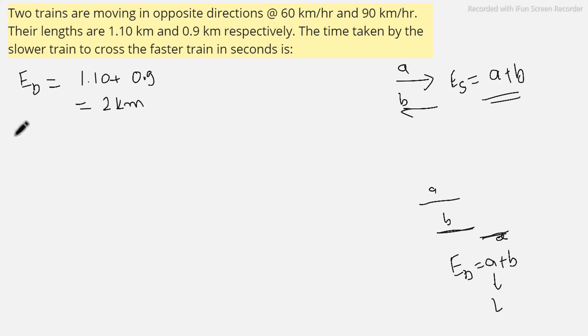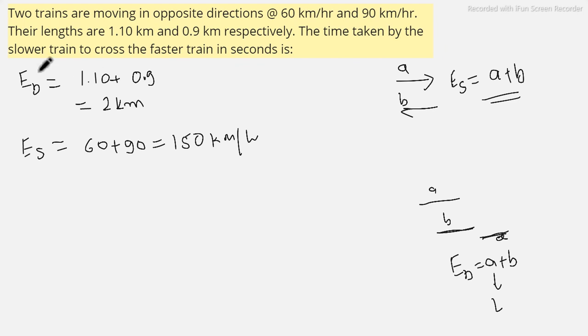Now we have to calculate the effective speed. As discussed, we'll add up the speeds, that is 60 plus 90, because they are moving in opposite direction, which comes to 150 kilometer per hour. Now what is being asked?